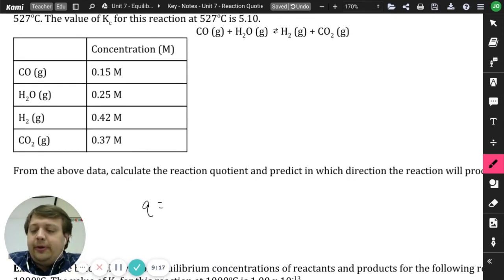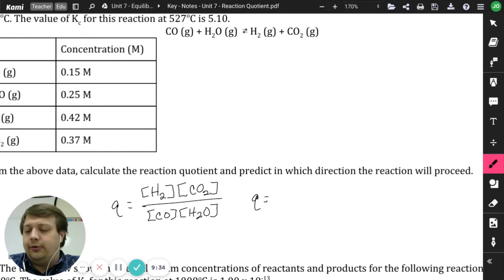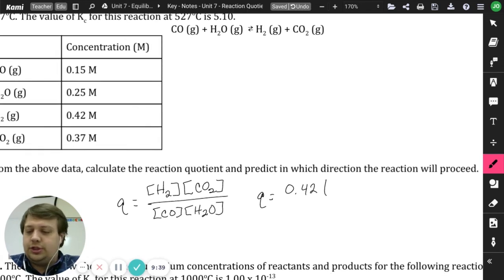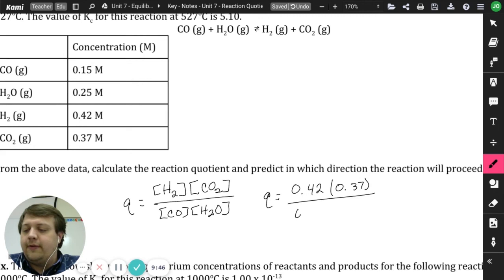So Q equals products over reactants, so the concentration of H2 times the concentration of CO2, divided by the concentration of CO times the concentration of H2O. So my Q equals H2, which was 0.42, times CO2, which was 0.37, divided by CO, which was 0.15, times H2O, which was 0.25.